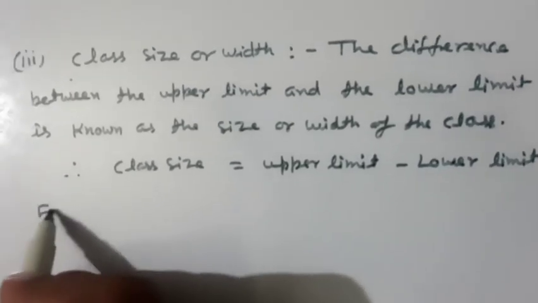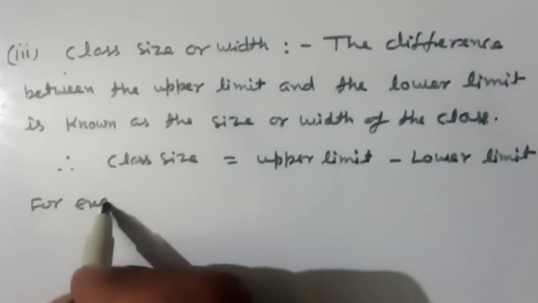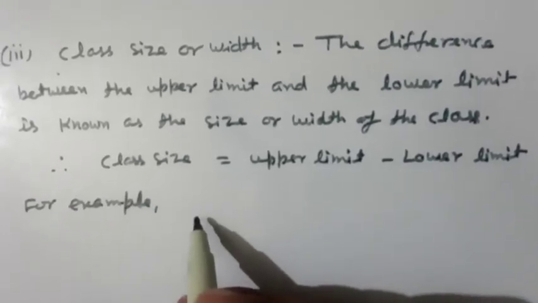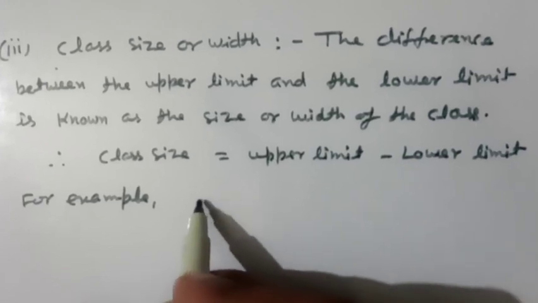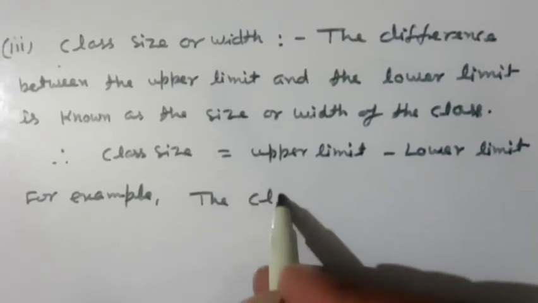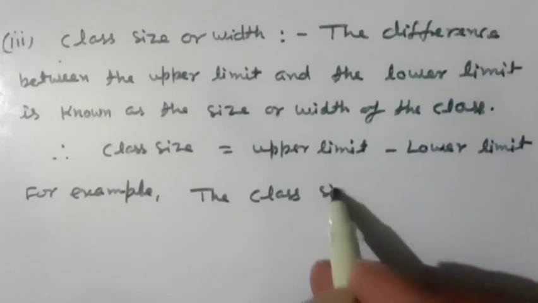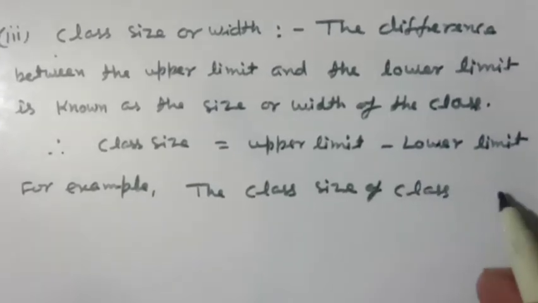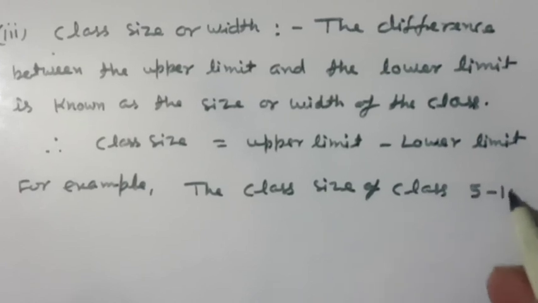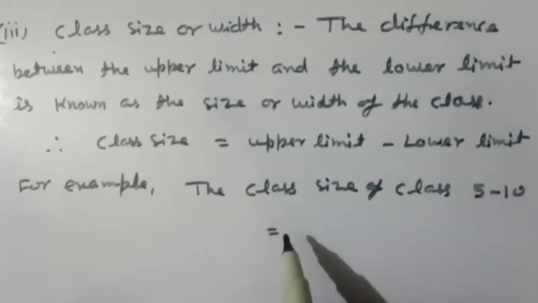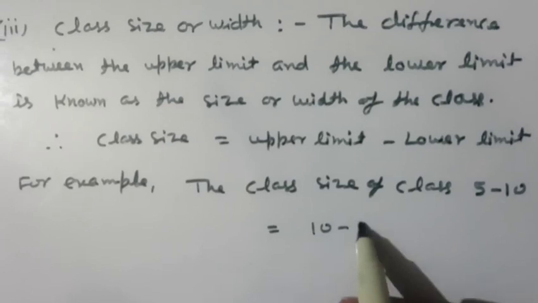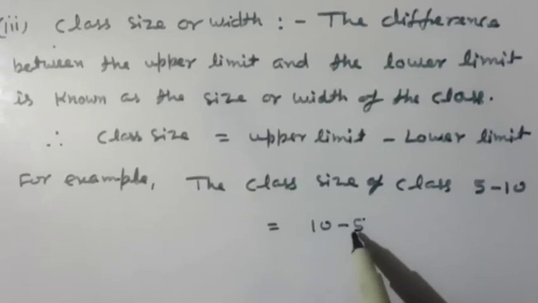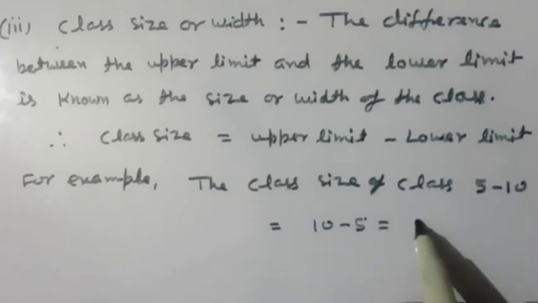For example, the class size of class 5 to 10 equals 10 minus 5. This is upper limit and this is lower limit. So equal to 5.